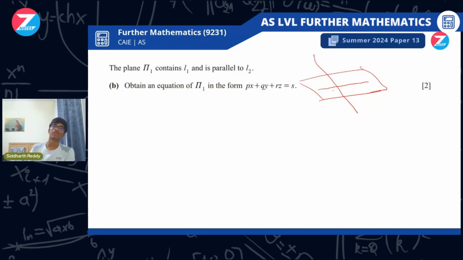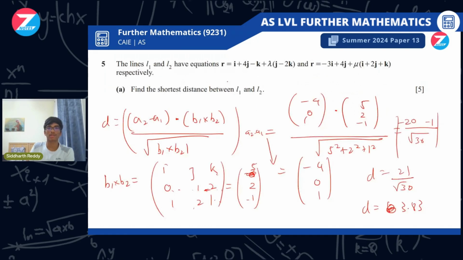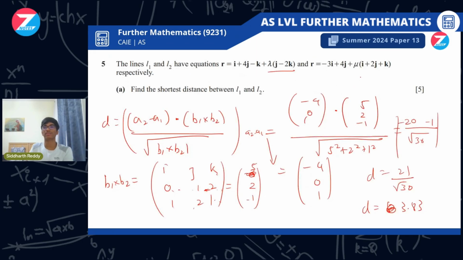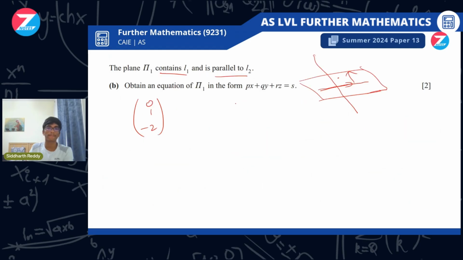In order to find the equation of a plane, what we need is two direction vectors of the plane and one point on the plane. Since it contains L1, it contains a direction vector of L1, which is 0, 1, minus 2. And since it's parallel to L2, it has the direction vector of L2 also, which is 1, 2, 1.